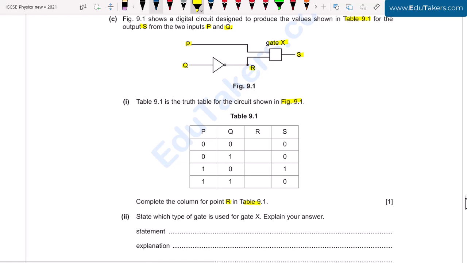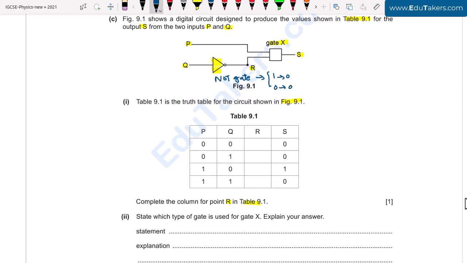So in figure 9.1, we see that the inputs are P and Q, and this symbol is basically a NOT gate. It means that we have applied a NOT gate over input Q. So the NOT gate changes 1 into 0 and 0 into 1.